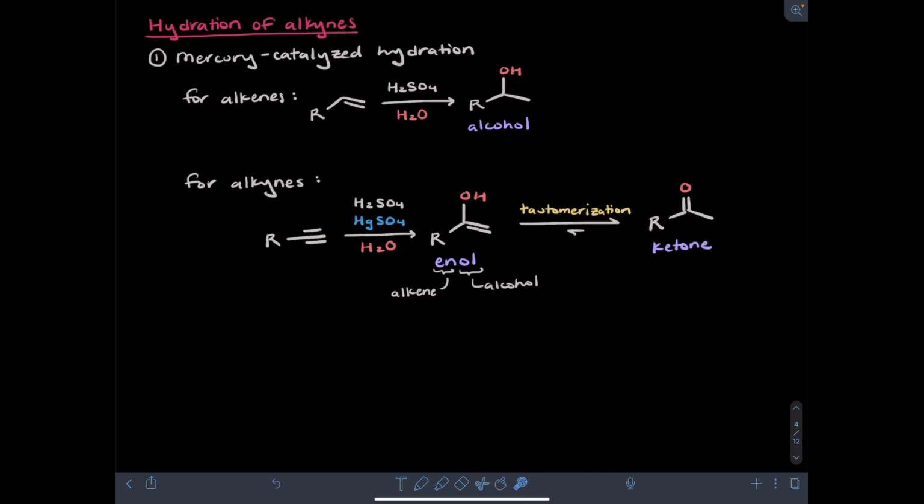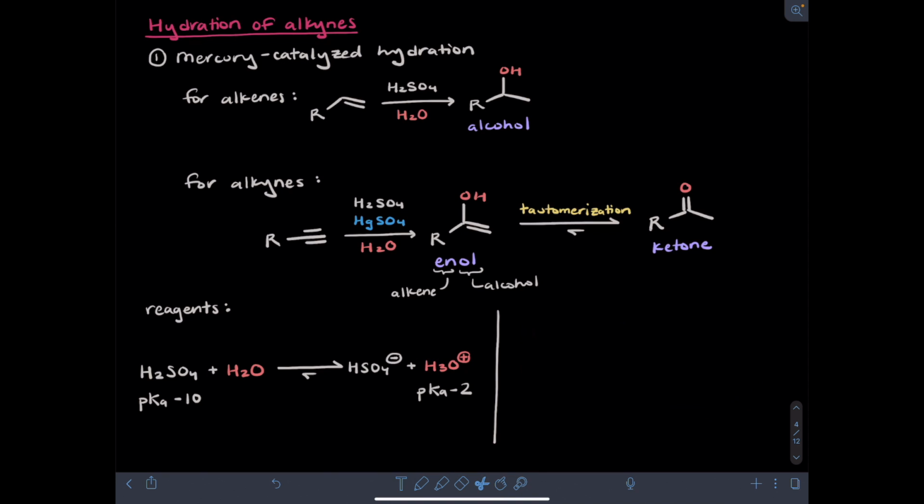The net effect of this was that hydrogens were added to the less substituted carbon, and a new carbon-oxygen double bond is present at the more substituted carbon of what was originally the alkyne. Before delving into the mechanism, I want to say a few words about the reagents.